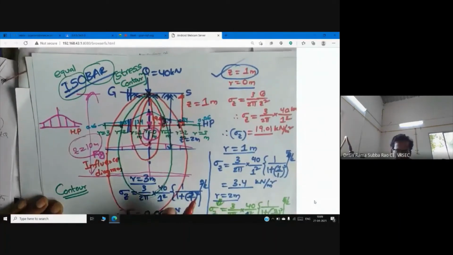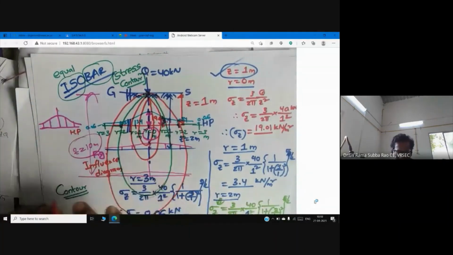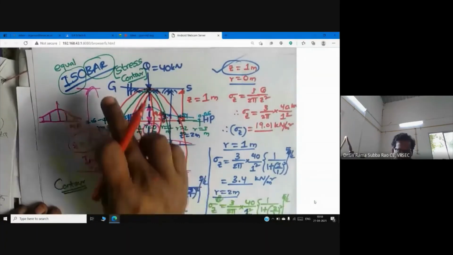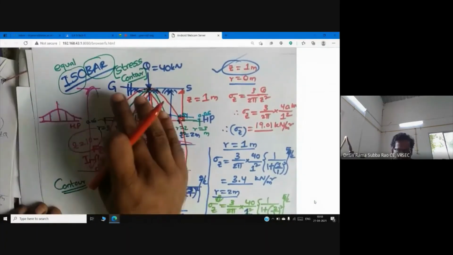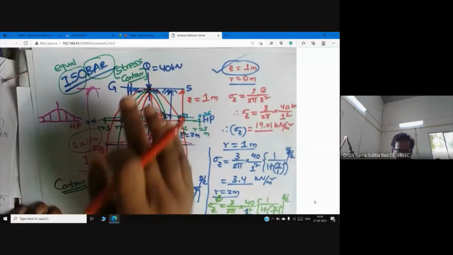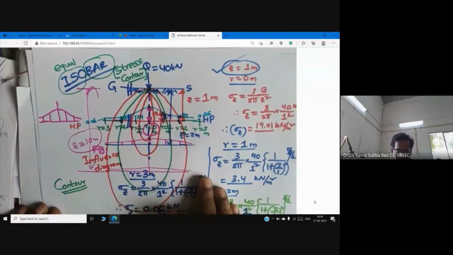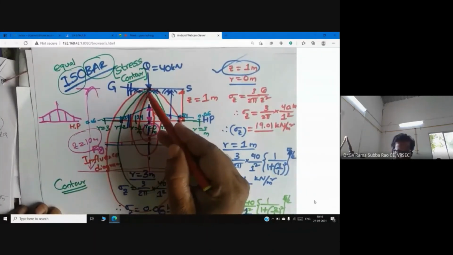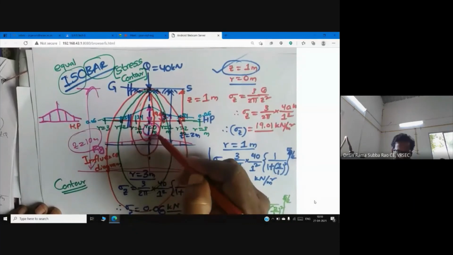So isobar means, I will write the notes neatly and give them to you, you also note it down. Isobar means stress contour. Stress contour means vertical stress contour. Vertical stress here, what we are discussing, is sigma z. So I am trying to connect equal vertical stress points with a line.